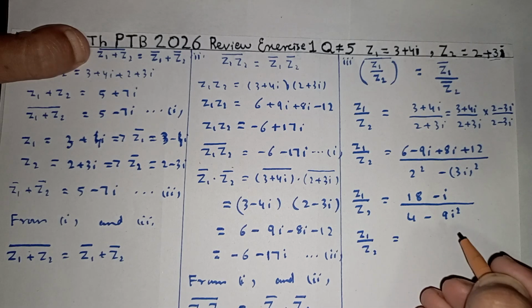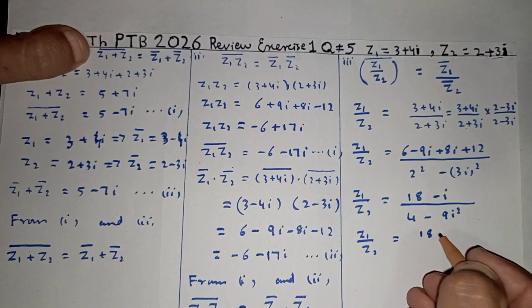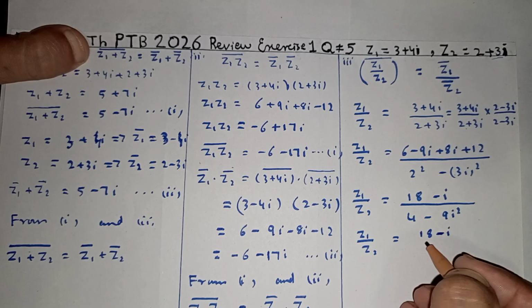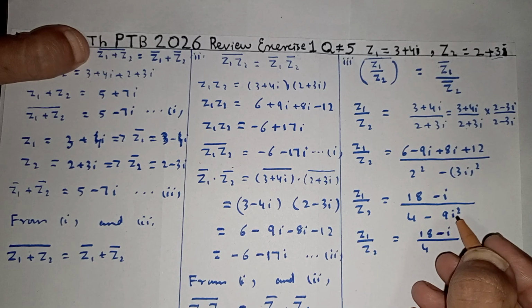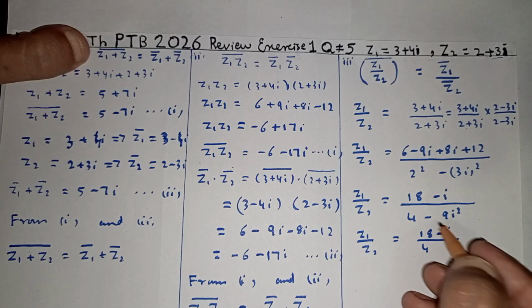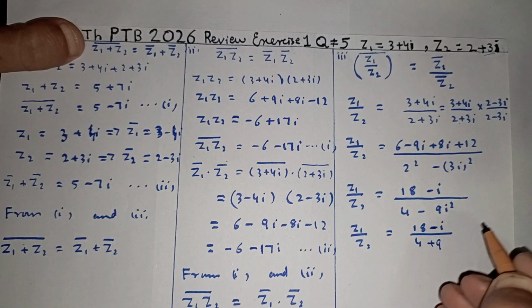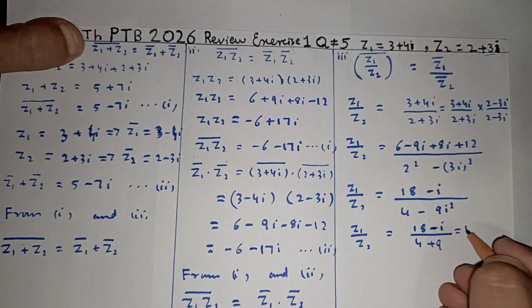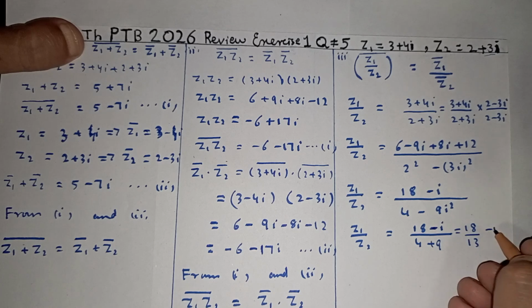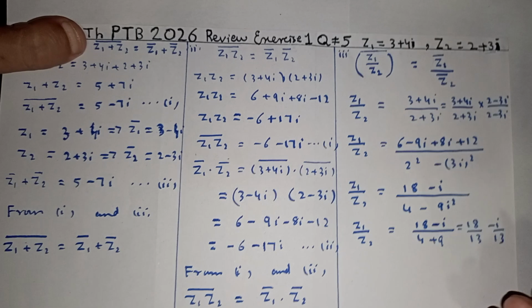In the denominator, 9 iota square is equal to minus 9, and after multiplication with minus it will become equal to plus 9. So we get 18 divided by 13 minus iota divided by 13.